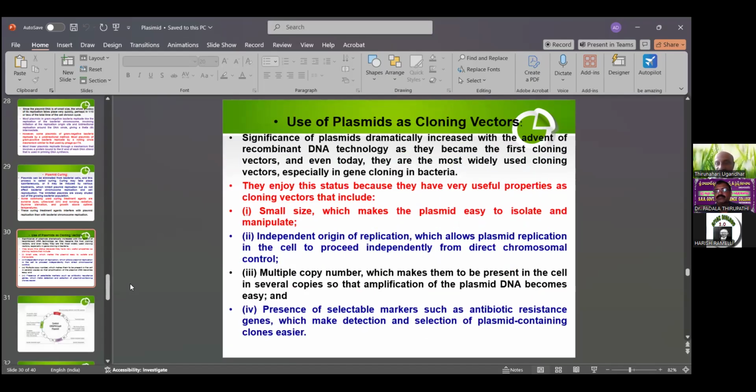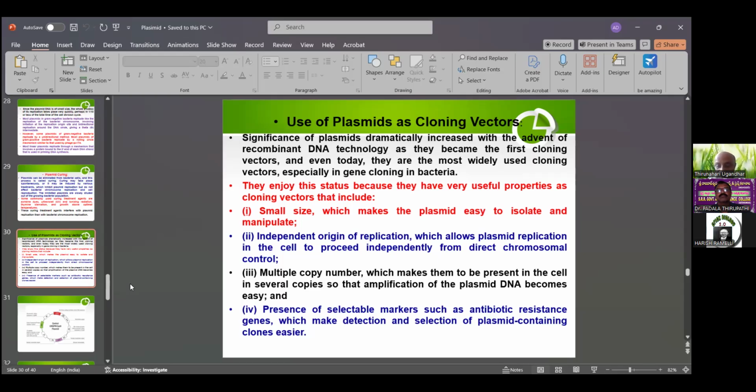Use of plasmids as a cloning vector. What are the uses? The plasmid is small in size, which makes it easy to isolate and maintain. That is one quality. Independence of origin is the second quality. Multiple copy number within a short period, a large number, is the third quality.